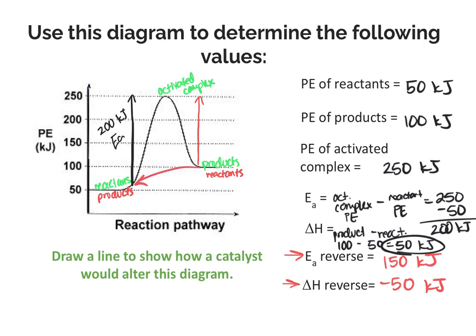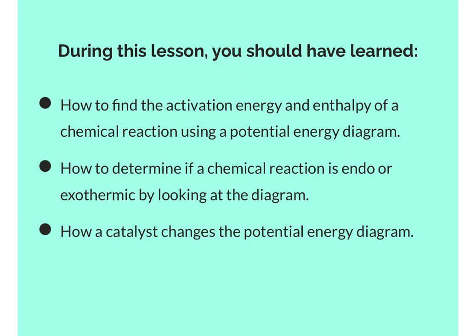And then if we were drawing in a catalyst to see how that would change things, all it would do is just reduce the amount of energy that this activated complex needs. So the big thing with this lesson is being able to find not only activation energy, so that's going to be what we call EA, but also enthalpy, delta H, of a chemical reaction using that diagram.